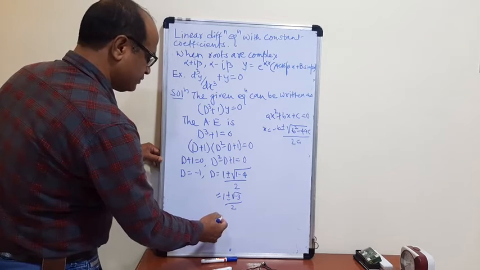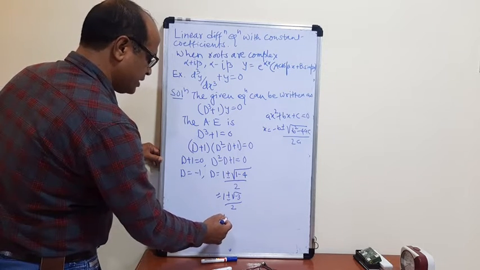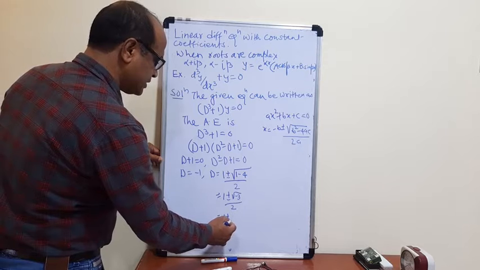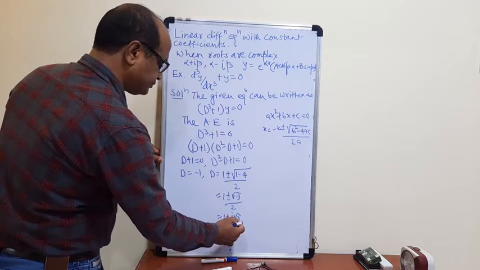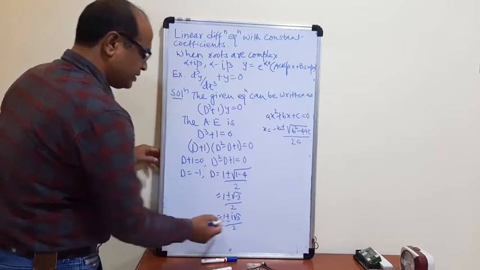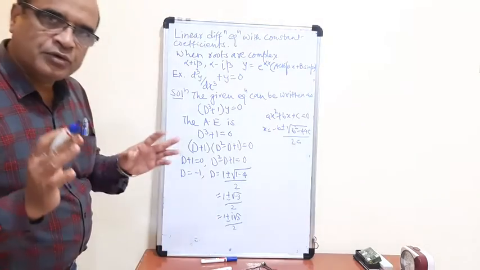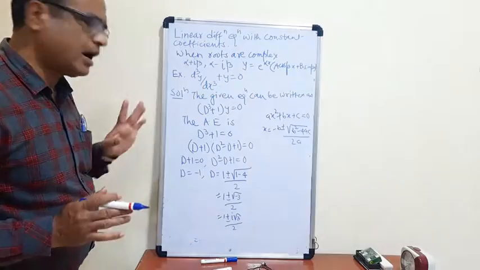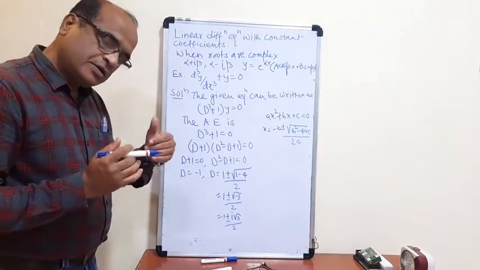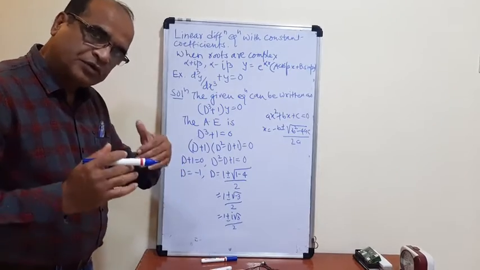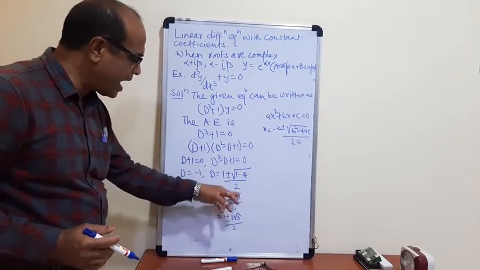So this is equal to 1 plus or minus i root 3, divided by 2. Why i? Because the root of minus 1 is i. Root of minus 3 is root of minus 1 into root 3, so root of minus 1 is i and root 3 remains as it is.